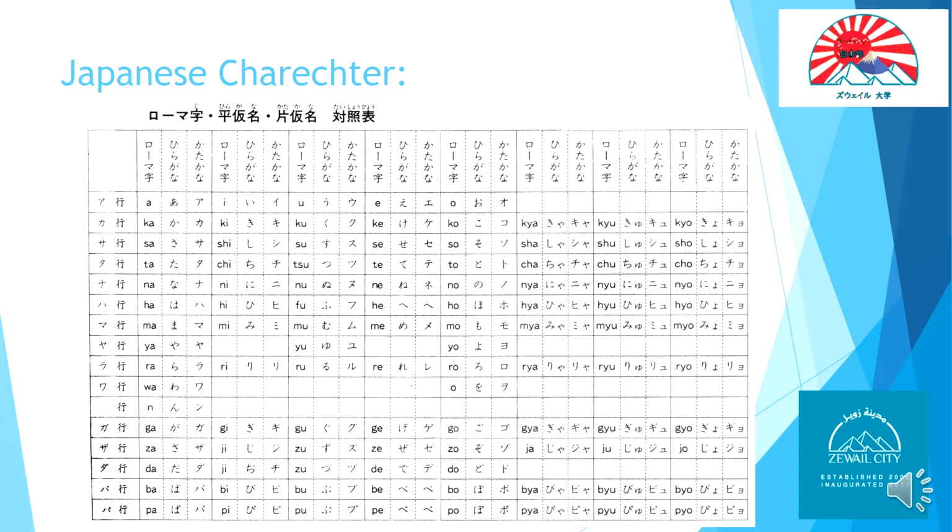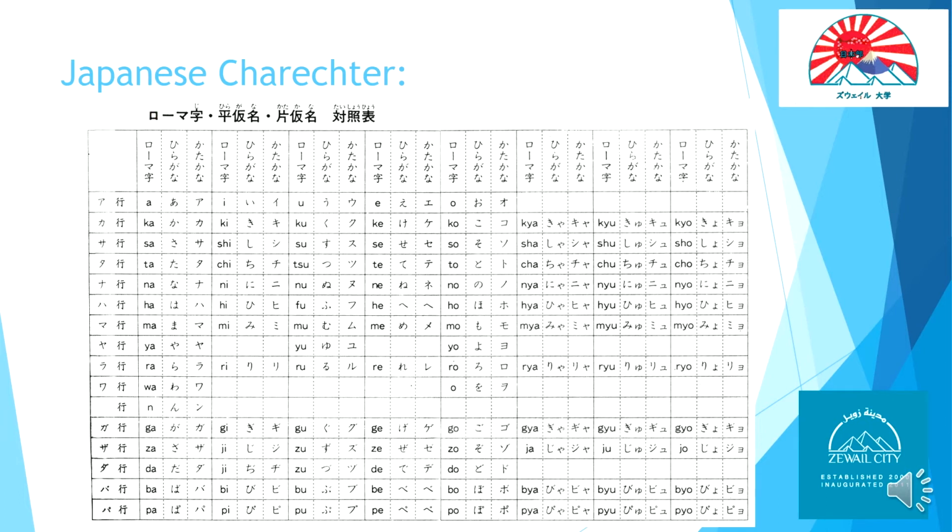For example, this is a, so it's written a. The next one is i, so its romanji is i. U with a romanji u. E with a romanji e. O with a romanji o. You're also going to know that this line is the only vowels in the Japanese language, and it's always repeated in this column.